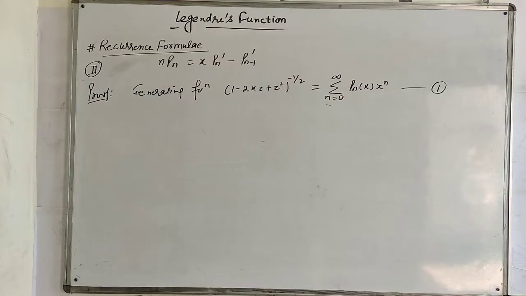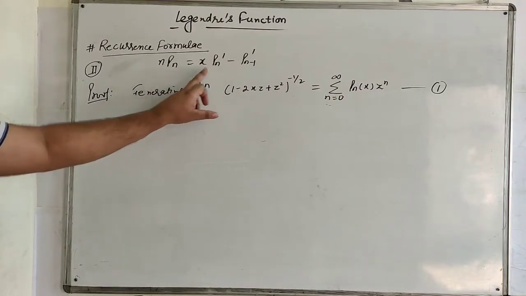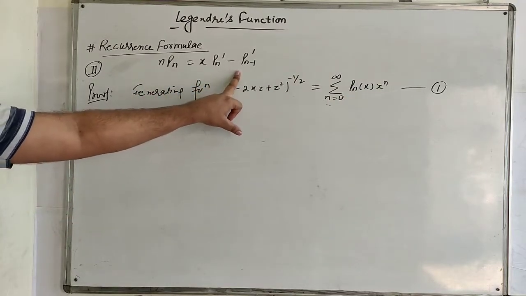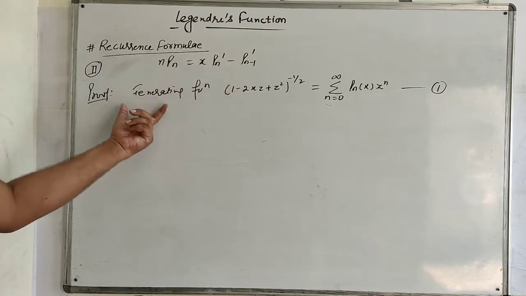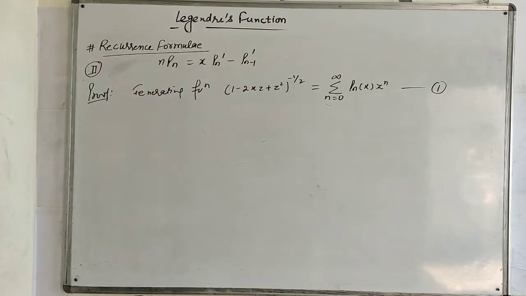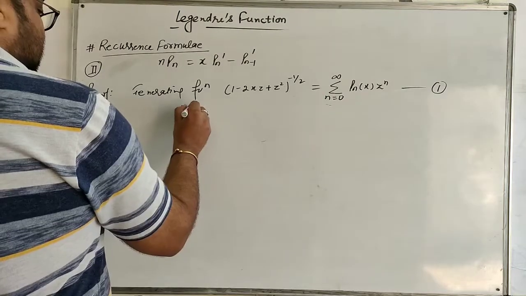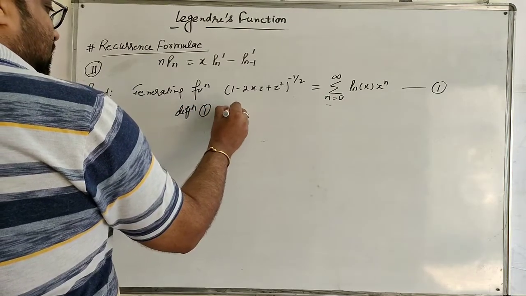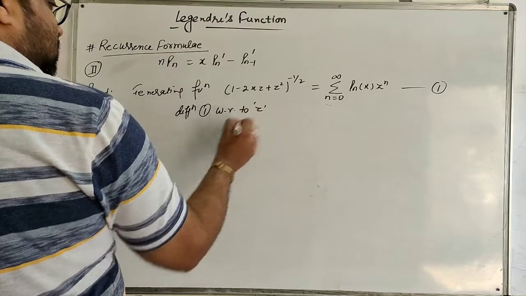Now moving on to the second Lagrange formula, nP_n = xP_n' - P_{n-1}'. So again, from the generating function (1 - 2xz + z²)^(-1/2) = Σ from n=0 to infinity z^n P_n(x). Differentiating 1 with respect to z.